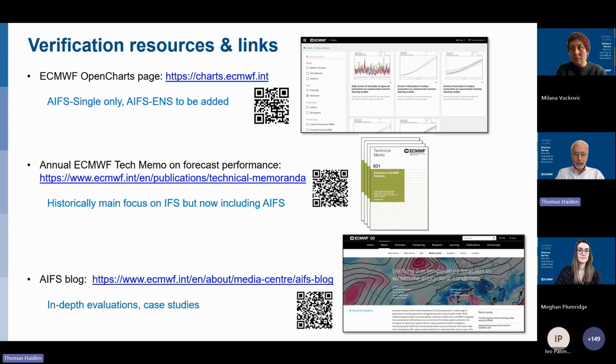Then, each year we have a publication in our ECMWF Tech Memo series. Historically, the main focus of this was, of course, the IFS, but now we include more and more AIFS material. And thirdly, we have the AIFS blog, where you will typically find things like more in-depth evaluations and also case studies. Thank you.